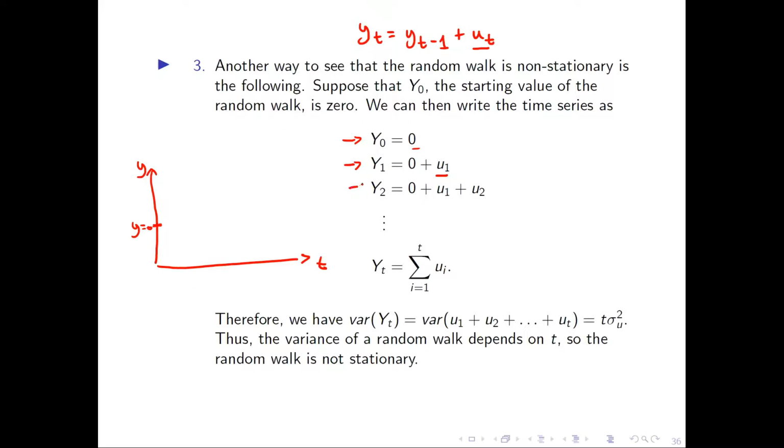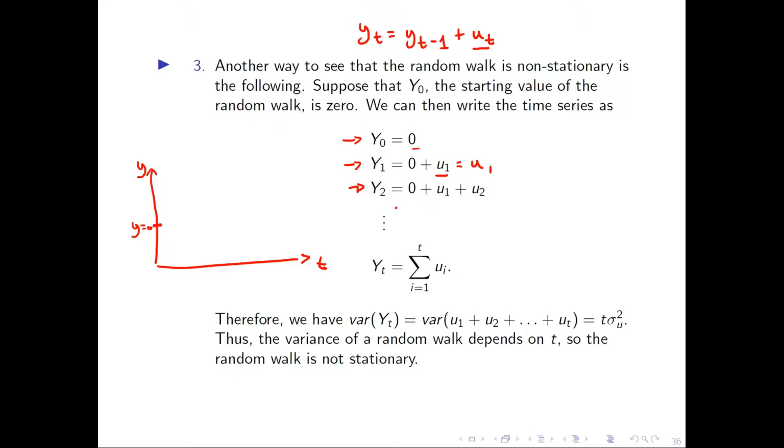And then we go to the next time period, and y2 is equal to the value of y during the previous time period, which is just u1, and you add on the error term for time 2. So y2 can be thought of as the sum of the error term for time 1 and time 2.